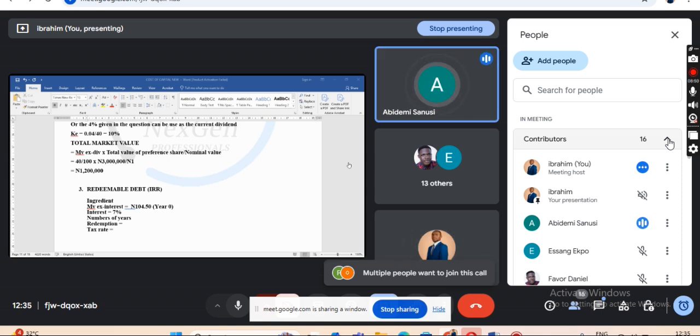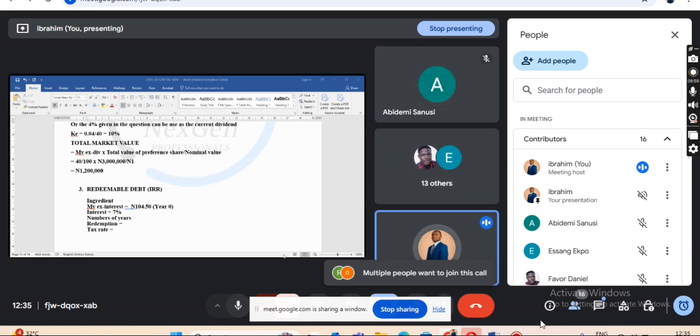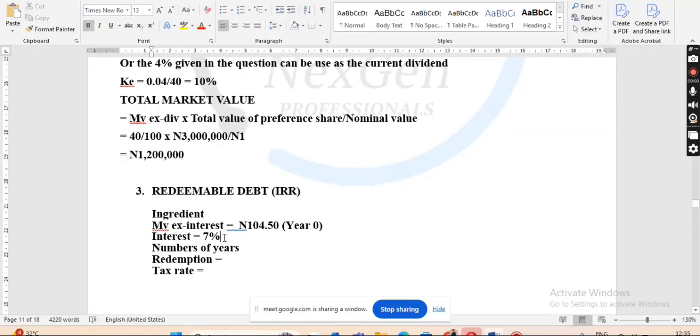So when you want to determine the Naira value of this, what you need to do is divide 7 by 100 and multiply it by the nominal value of the bond. If the nominal value of the bond is 100 naira, multiply it by 100 naira. If it is 1,000, multiply it by 1,000. In this question, we are given that the nominal value of the bond is 1,000. So you multiply it by what?